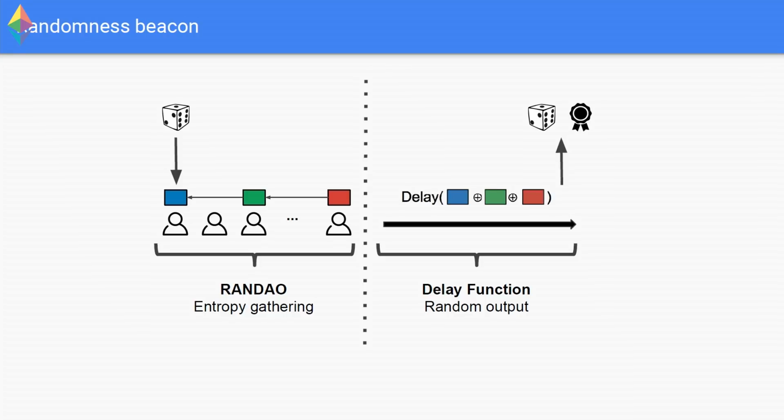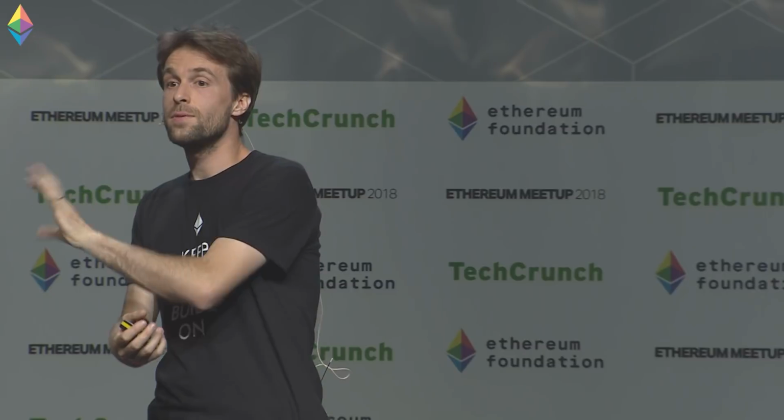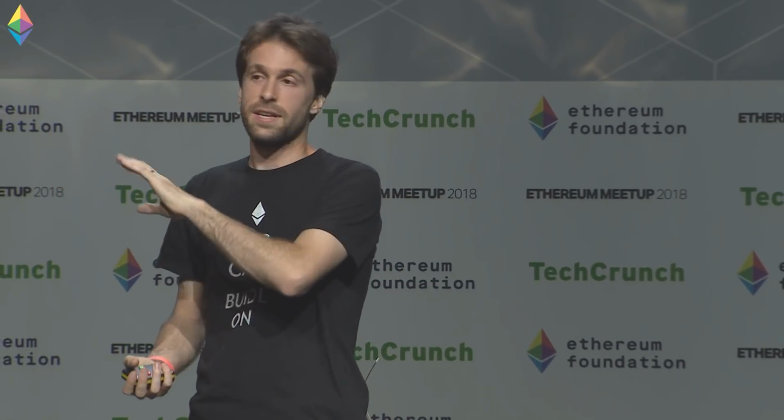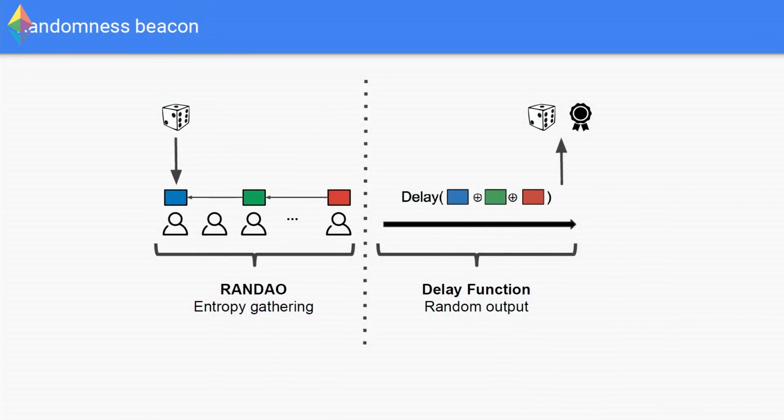The idea of a delay function is that you have an input, and it takes a very long time to compute the output, but it's very, very fast to verify the output. So what we can do is take the random number from RANDAO, which is imperfect, and feed it through as an input to the delay function, and then use the output of the delay function as the actual random number, a much stronger one.